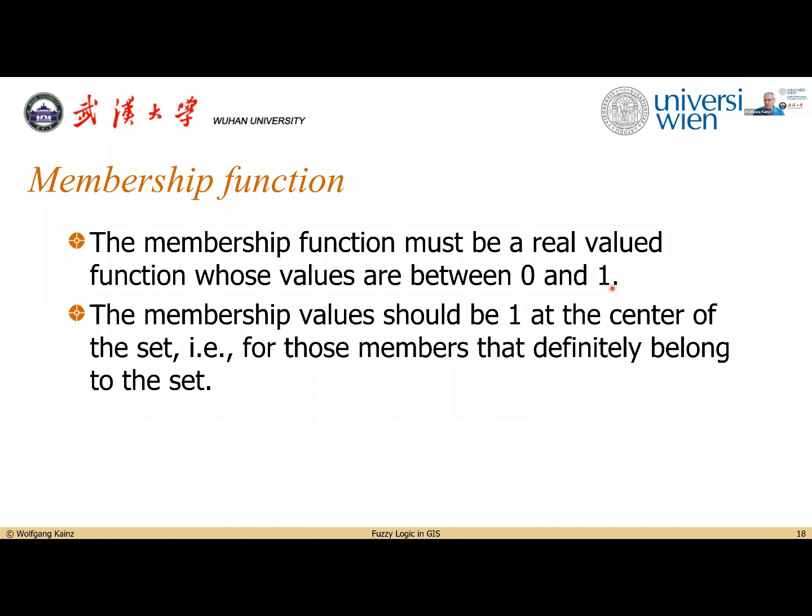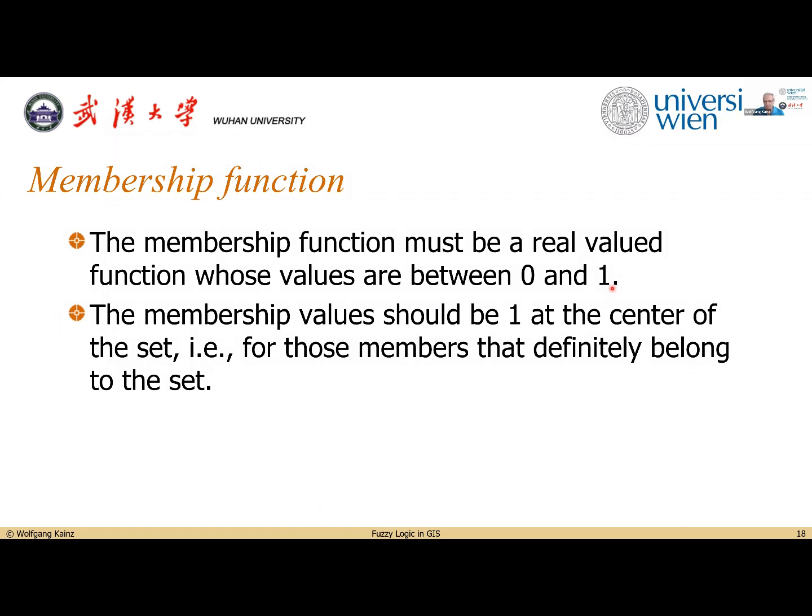They cannot be less than 0 or greater than 1. Of course, it's not necessary that there must be a 0 or a 1 as a membership value. But if there are values, they always have to be in that range between 0 and 1.